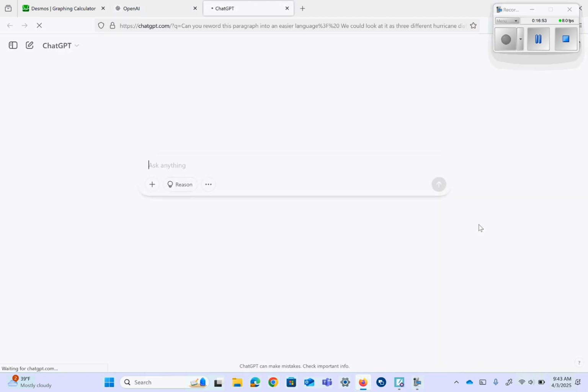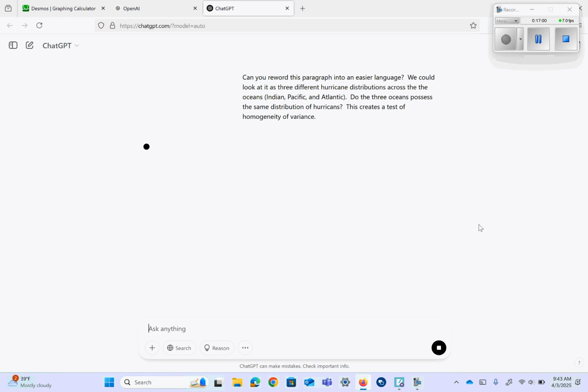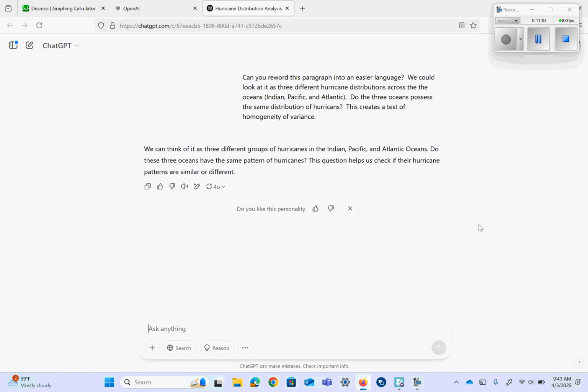The thing is, I don't necessarily understand the wording of it. So if I put this up there, and you guys all know how this works, I kind of like this. I put in the original words, and it says we can think of it as 3 different groups of hurricanes in the Indian, Pacific, and Atlantic Oceans.